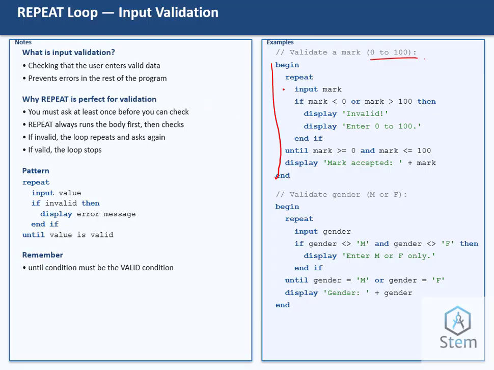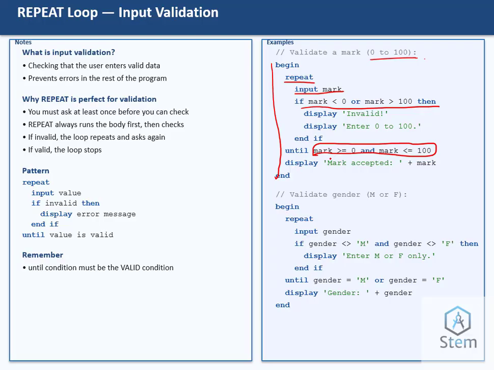Now, here we are opening our loop, then we are asking the user for input. Then after that, we use the if statement to tell the person whether their value is valid or not. And we are going to keep asking for correct information as long as this condition is false.